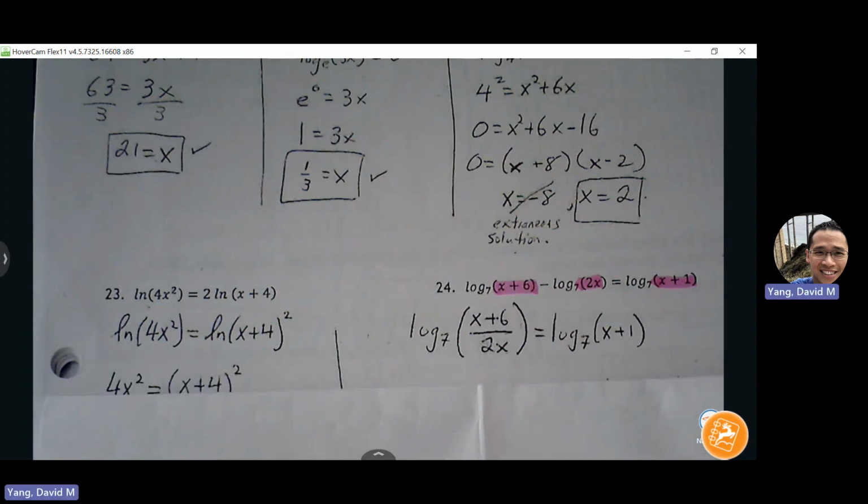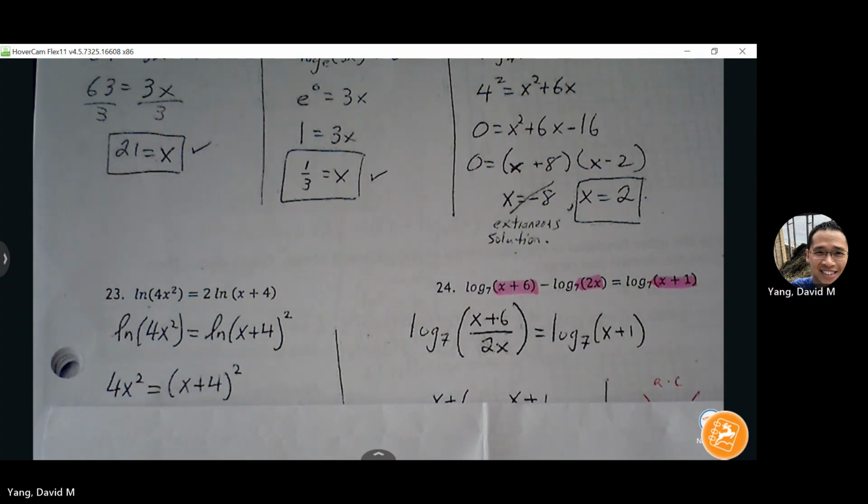It ends up still being a factoring problem though. Boil everything out, combine like terms, bring everything over to one side.